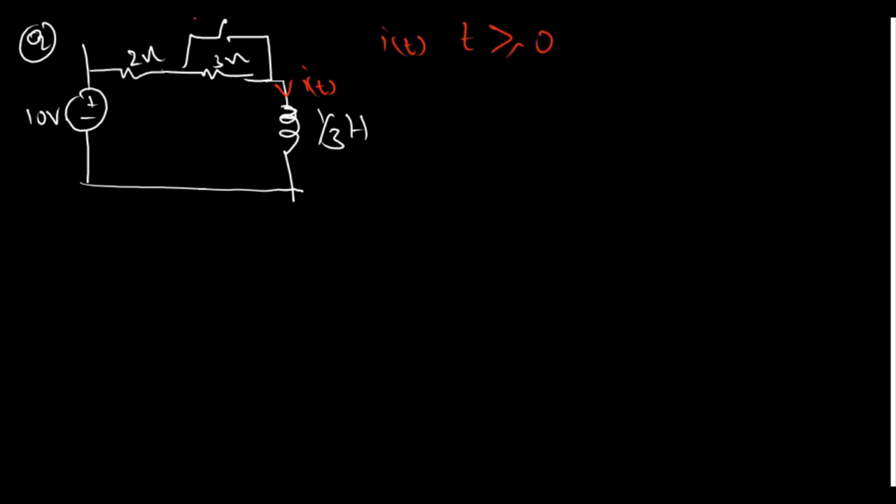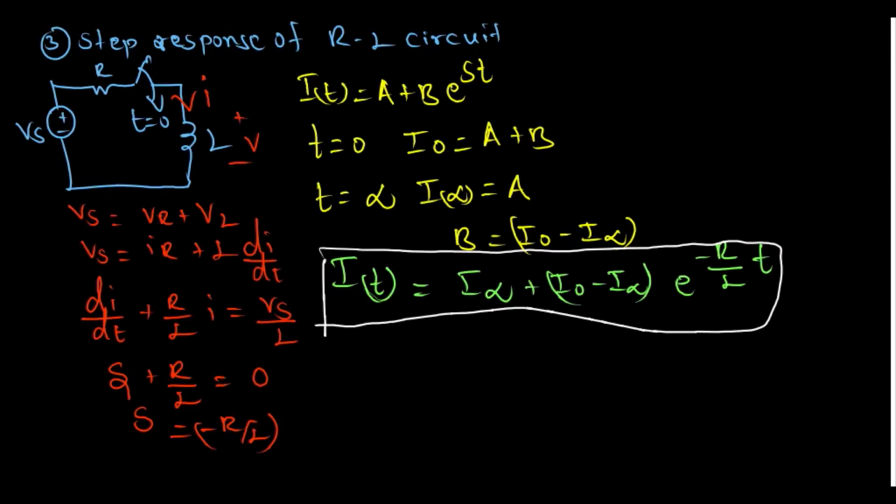At t equal to 0, the switch has been opened. First, as I already told you, we have to analyze whether it is a first order or second order circuit, step response or source free. This is a first order circuit because there is only one inductor here, and no capacitor.